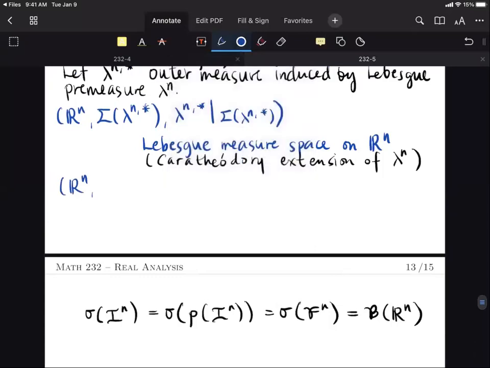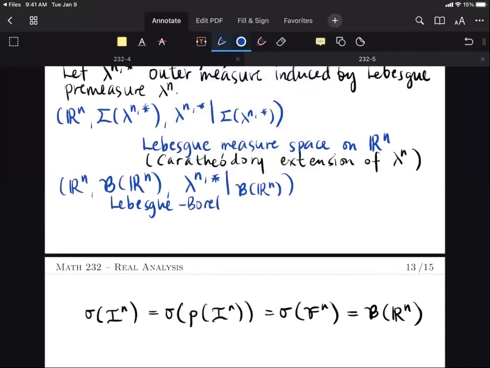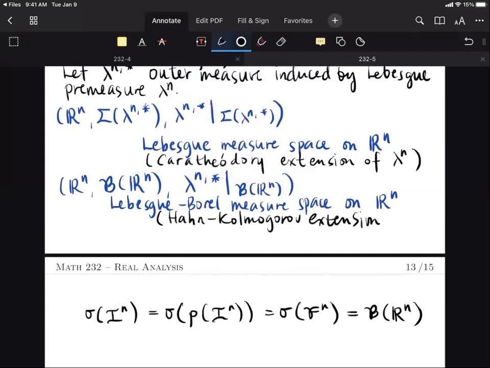Okay, so here we have the Borel sets in Rn. And you restrict the Lebesgue outer measure to the Borel sets. This will now be the so-called Lebesgue-Borel measure space on Rn. And this is basically your Hahn-Kolmogorov extension of your Lebesgue pre-measure.